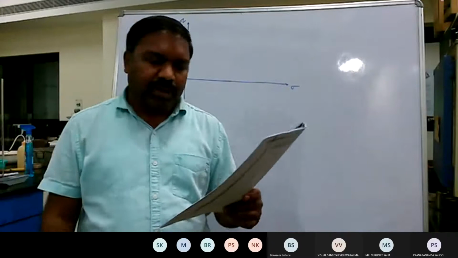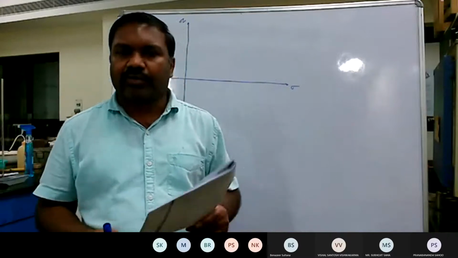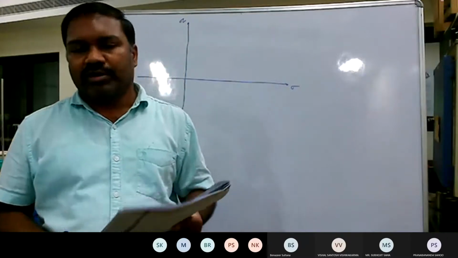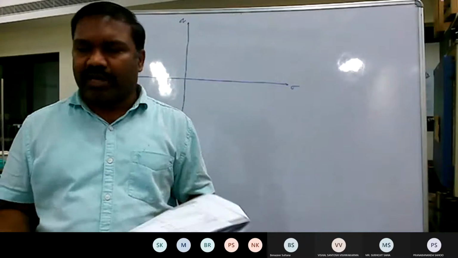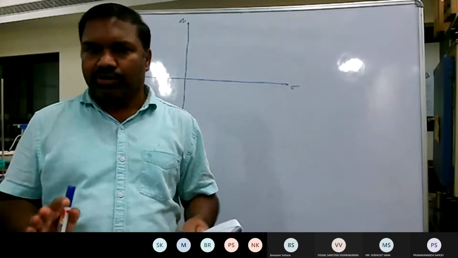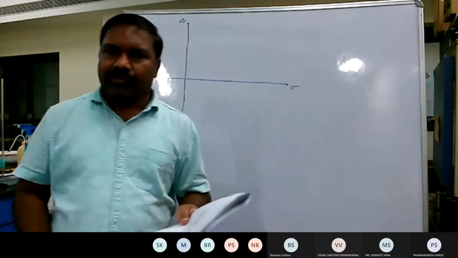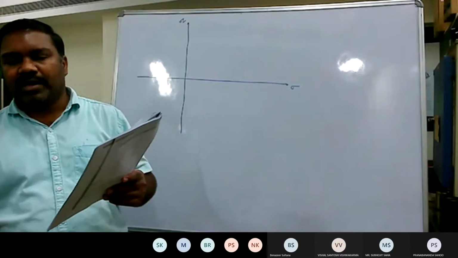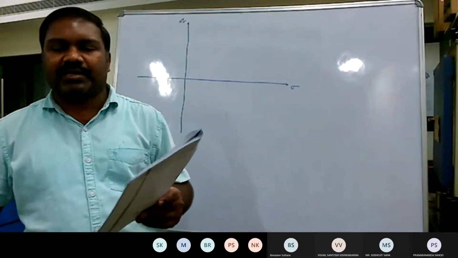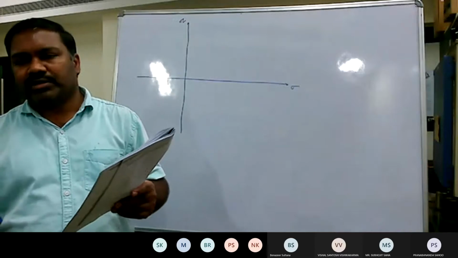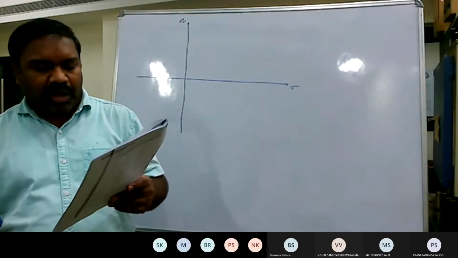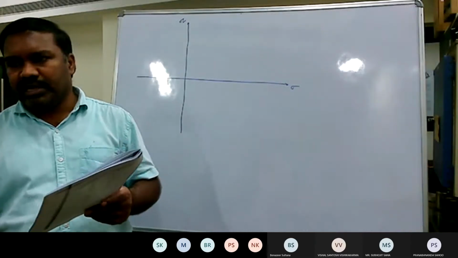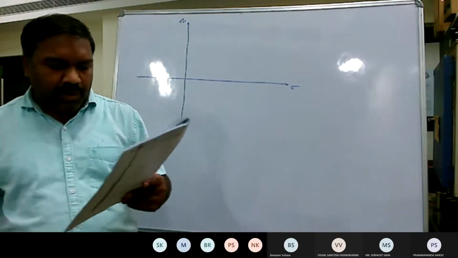So you can presume anything, depending upon your easiness: clockwise positive or anti-clockwise negative or vice versa. Depending upon your convenience. Here what I'm assuming is compression as positive, tension as negative, clockwise shear stress as negative, and anti-clockwise shear stress as positive.